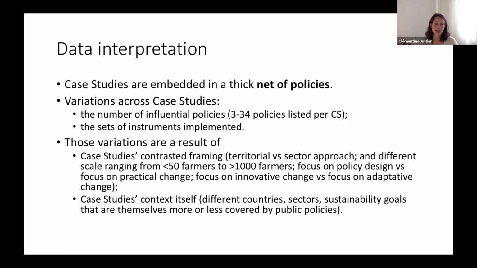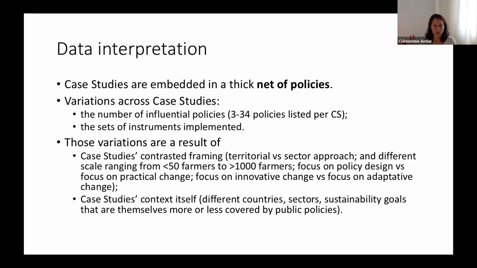And it's a result of the framing of the case studies, because some case studies, I told you, are quite local, while others have quite a wide scale. It's also due to the framing in the sense that some case studies focus on policy design, while others focus on practical change. So these are all the framing aspects.